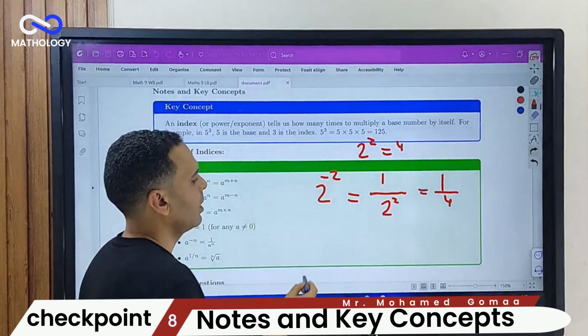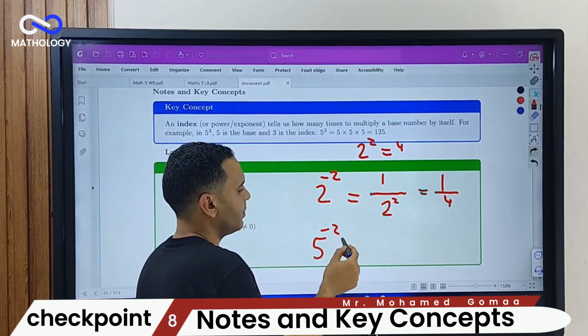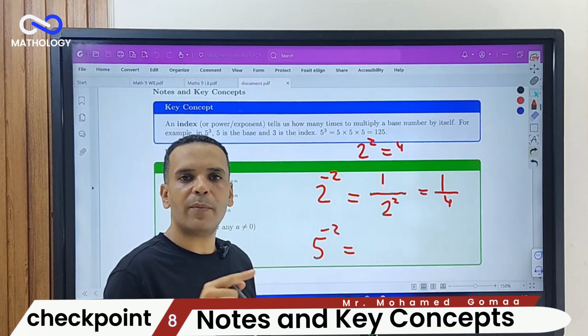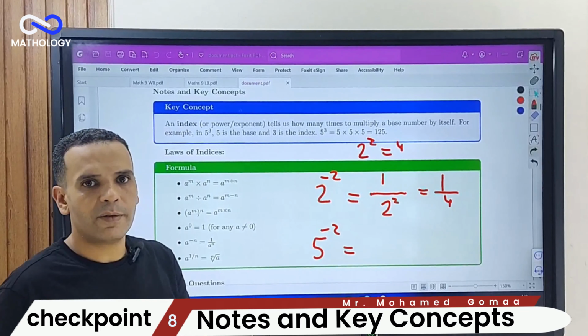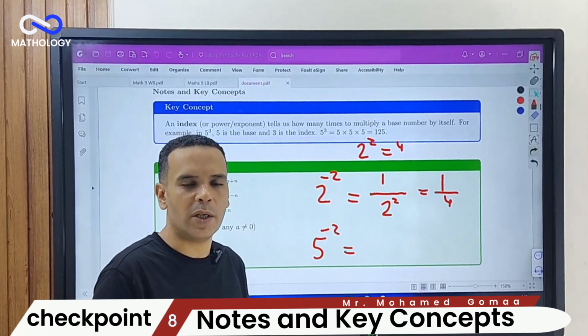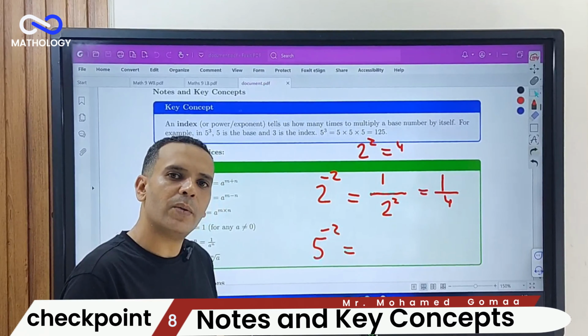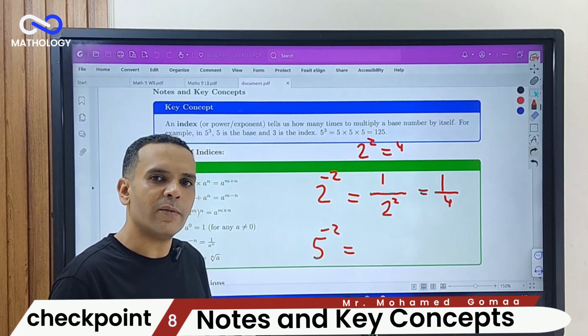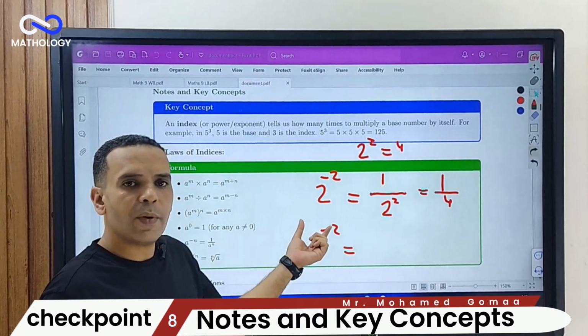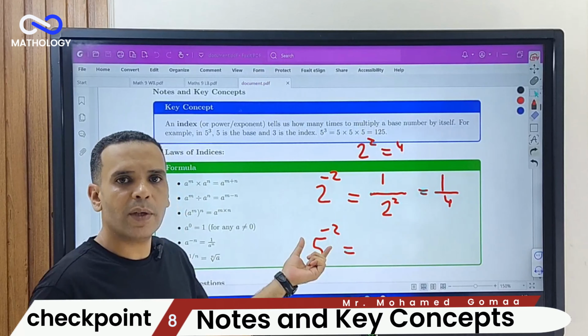Another one. 5 power negative 2. Get in your mind 5 power 2. 5 power 2 equals 25. You know that 5 power 2 is not 5 multiplied by 2, which equals 10. 5 power 2 means 5 multiplied by 5, which equals 25.